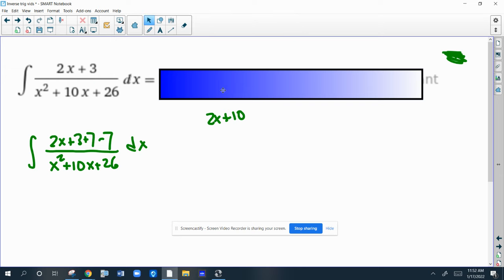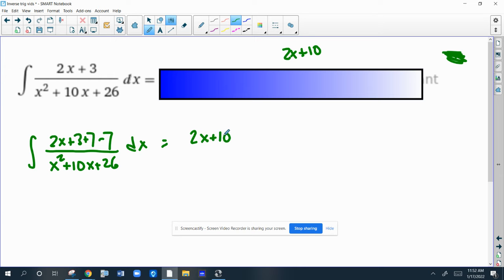So now when we rewrite this thing, it's going to be 2x plus 10, which is exactly what I would need for a u prime over u situation. And then I also have a minus 7. So now I can use the fact that I can split this fraction up as long as I keep the denominator intact.